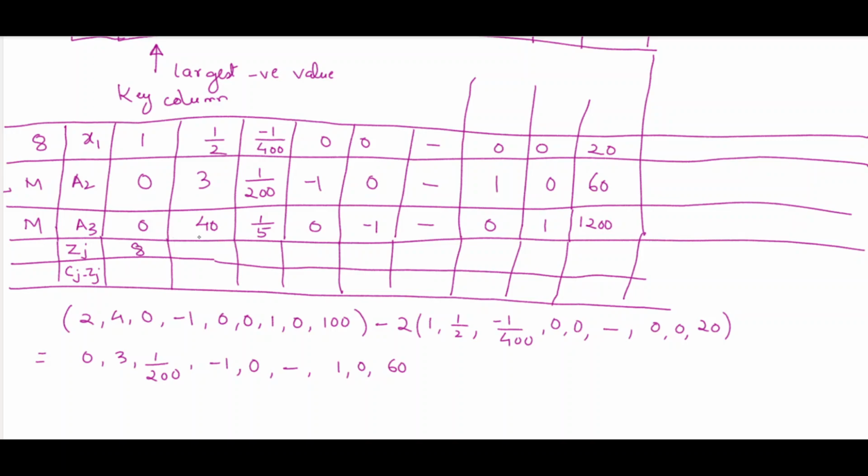Similarly, it will be 4 plus 43 M. It is minus 4 plus 41 by 200 M. It is your 41 by 200 M. Minus 4 plus 41 by 200 M. Then this part here, it will be your minus M only.